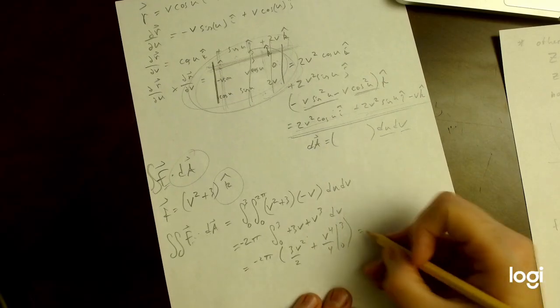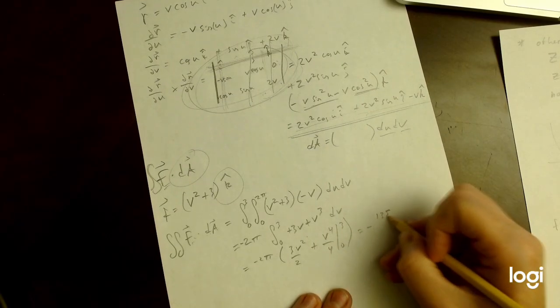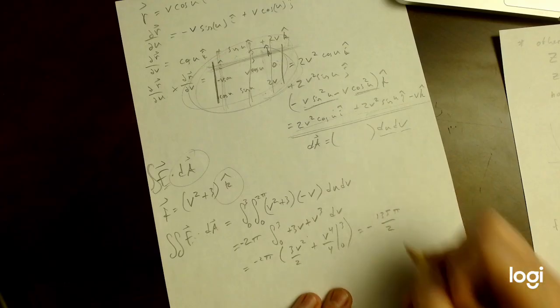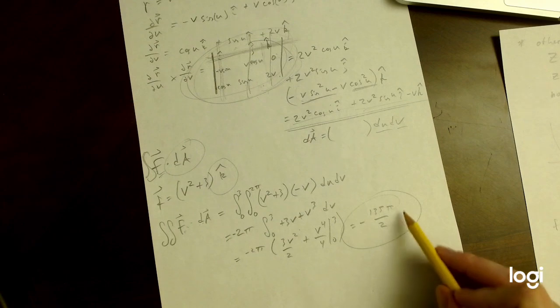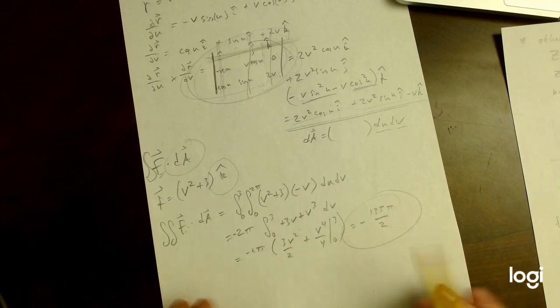And if we evaluate all that, it becomes minus 135 pi over 2. So that is how much of this passes through the surface. Since it's negative, it actually also tells you something maybe about the direction that it is passing through that surface. But yeah, that's how we might evaluate one of these.